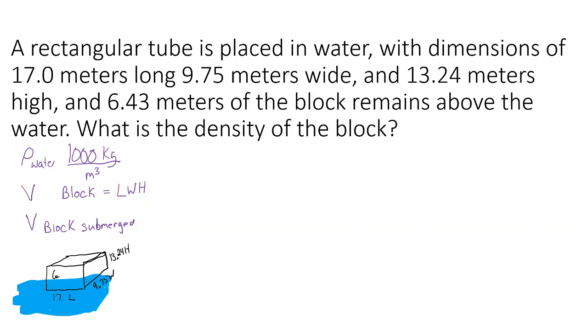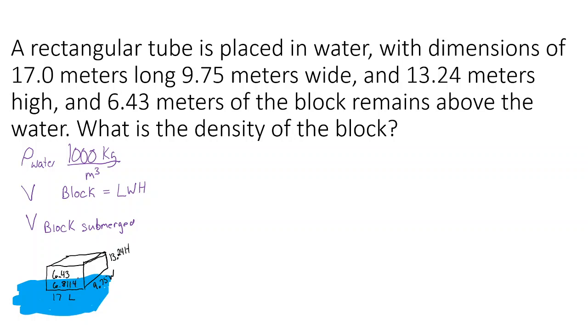So 6.43 is above. So how much of it is submerged? How much of it is below the water? Well, we'll take our 13.24 and subtract the 6.43 to get that 6.81 is below the surface of the water.